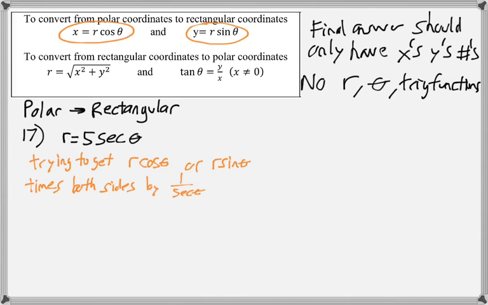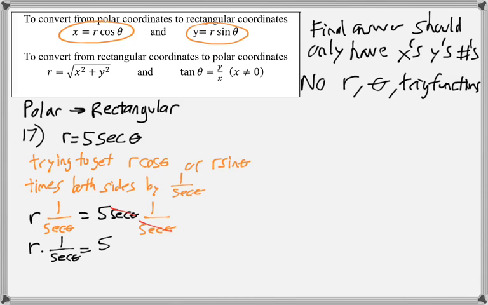If I multiply both sides by 1 over secant, then the secant of theta will cancel out here, and I'll just be left with r times 1 over secant of theta is equal to 5.